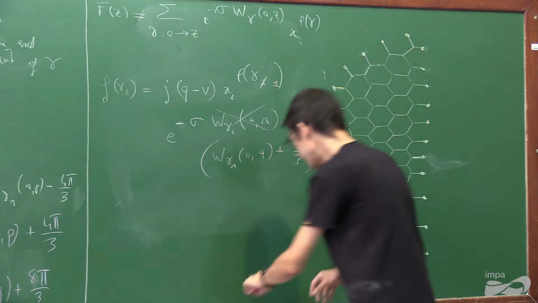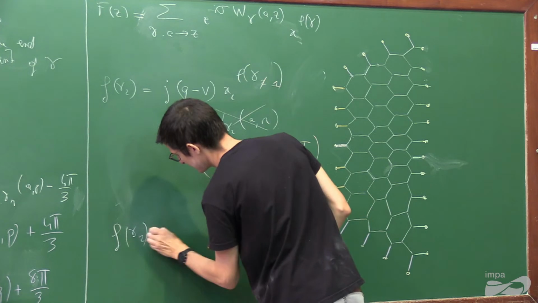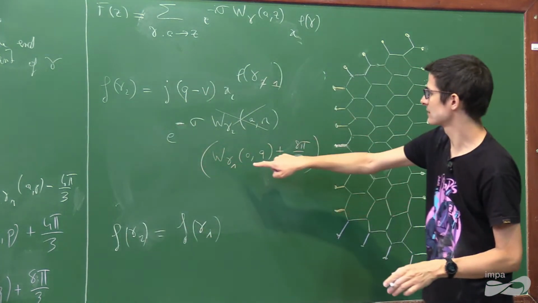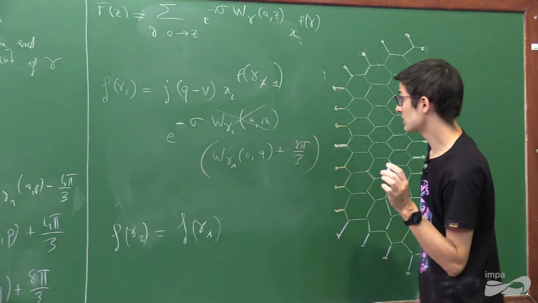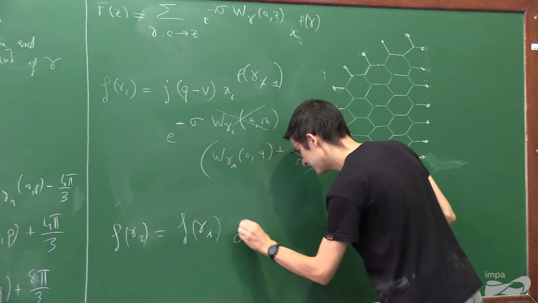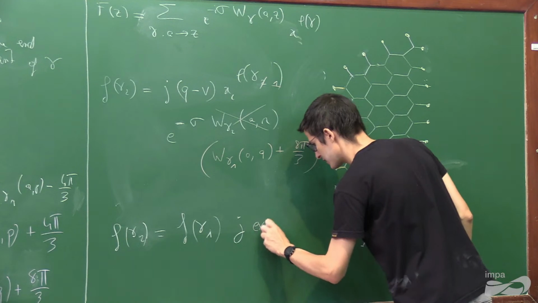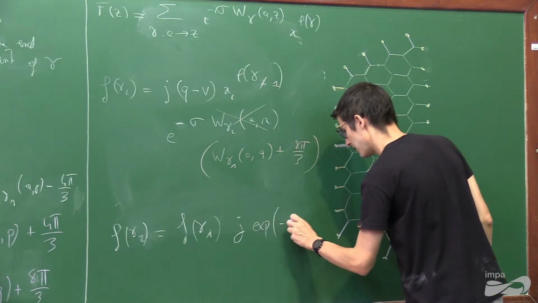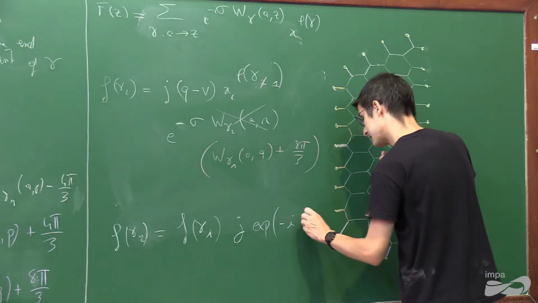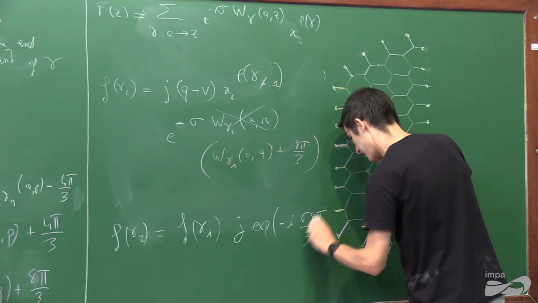So what I get is that f of gamma 2 is equal to f of gamma 1. But the difference is that I have a factor j, and I have a factor exponential minus i sigma 8 pi over 3.